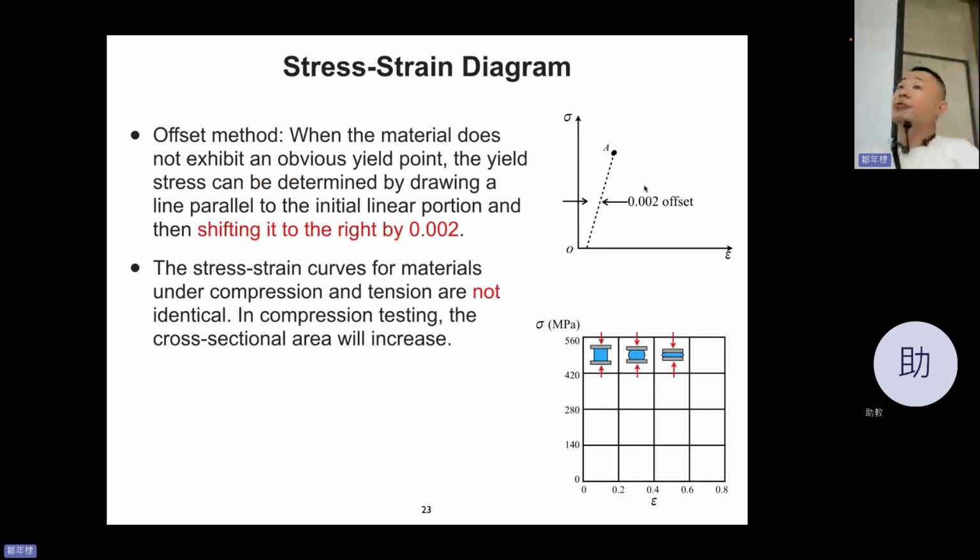If we don't have, sorry, I should draw it. If the material doesn't have a very obvious yield stress platform, how can we define the yield stress?